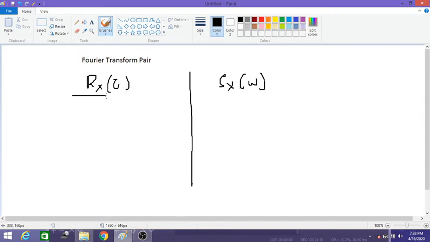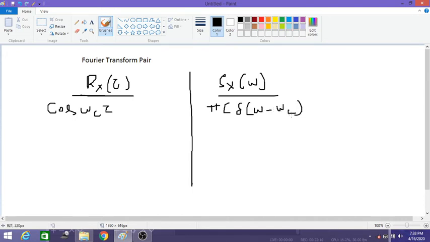Now cos of omega c tau has the Fourier transform pair pi times delta of omega minus omega c plus delta of omega plus omega c. So this is the relation. Now, if the autocorrelation function is delta of tau, then its power spectral density is 1.